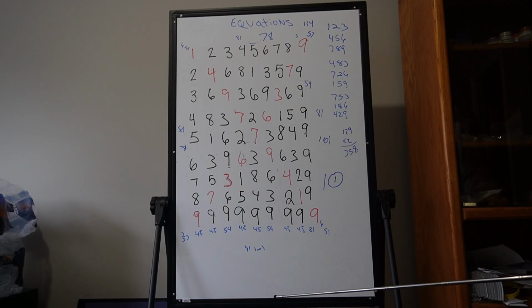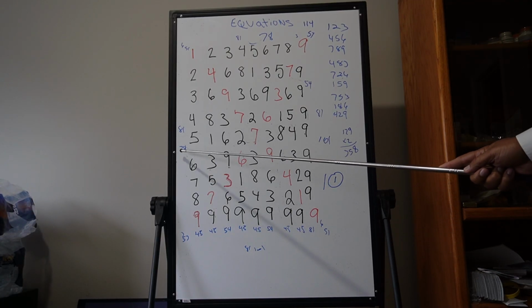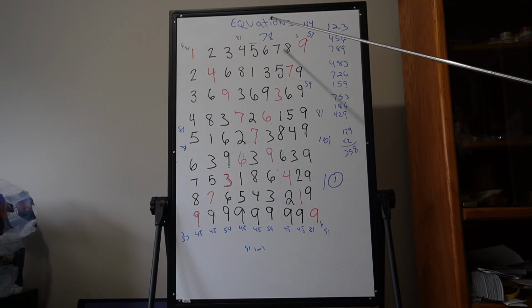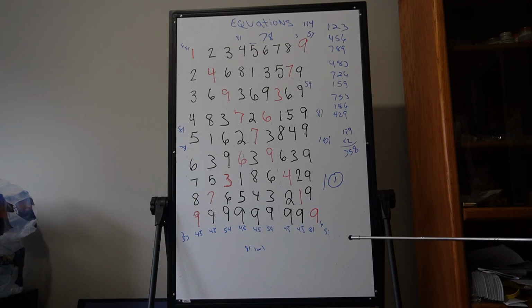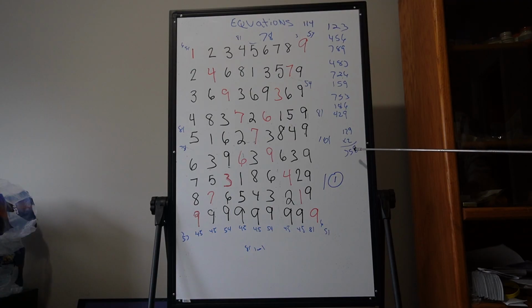You get 101. On this side, you get 78. 78, 101. Excuse me. What you have there, you have 179, which is here. You add them together, that is 358.